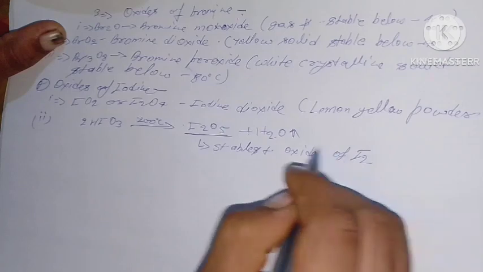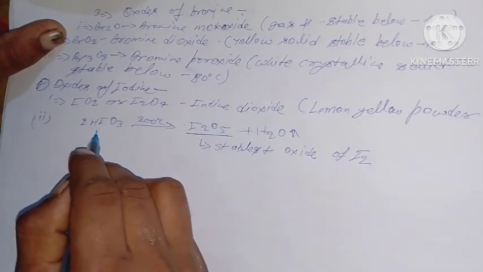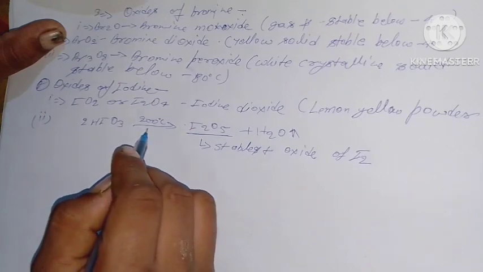It is prepared by heating iodic acid at 200 degrees Celsius: 2HIO3 gives I2O5 plus H2O.